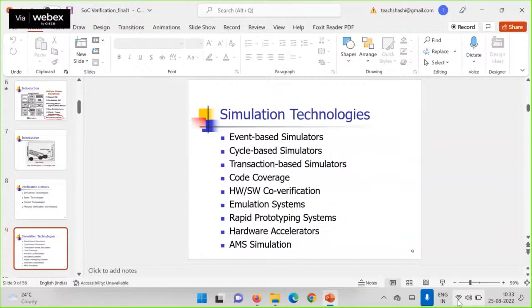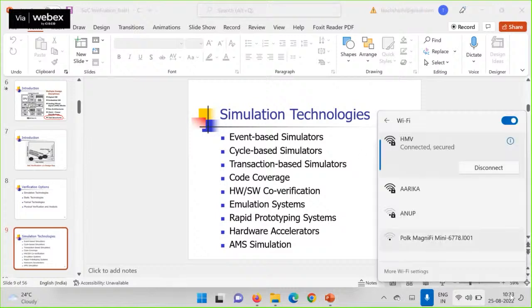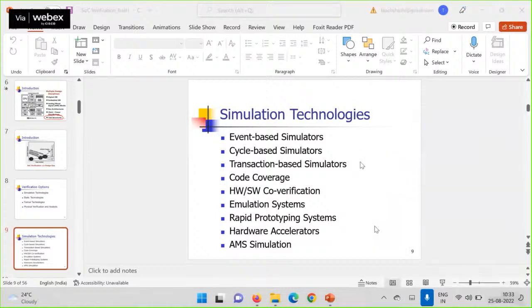Professor Shashidhara, can you hear us? Yes, now it is clear, but you need to increase the volume. It's a little bit slow.